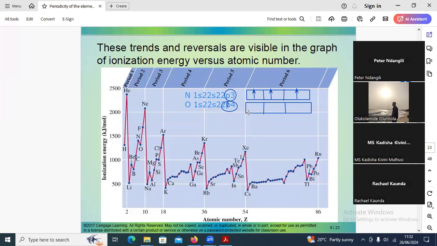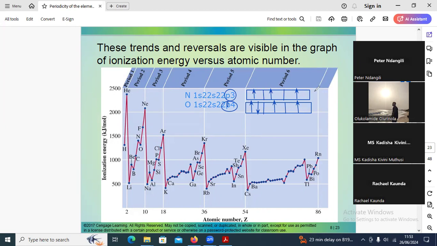For oxygen, the electrons are arranged as 1, 2, 3, and the 4th one is here. That's how they are arranged. When we look at these configurations and assess their stability, you realize that this is a very stable configuration because this is a half-filled orbital. And we say that a half-filled orbital and a fully filled orbital are very stable.